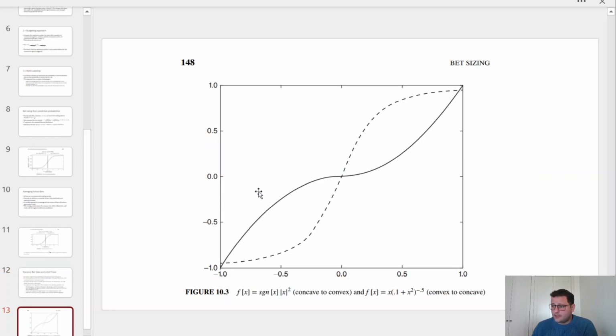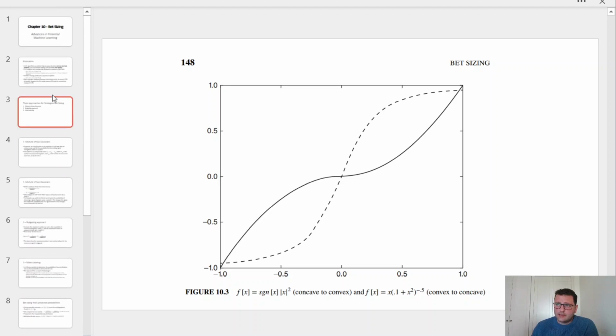After that, we have this sigmoid function, concave and then convex, and f(x) is equal to this function here, and we should have a graph like this about our bet positions and our bet size, right?